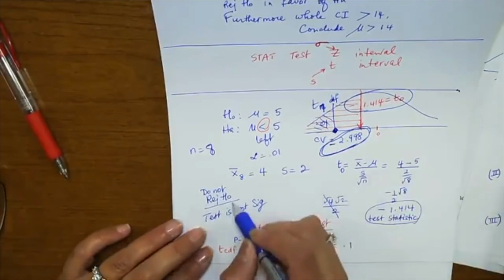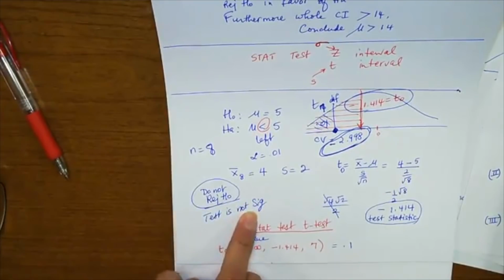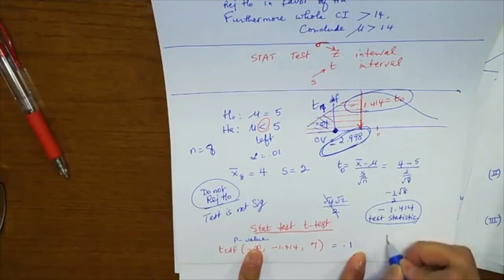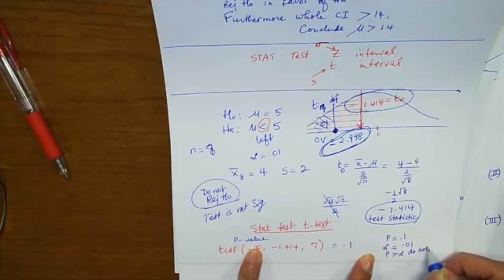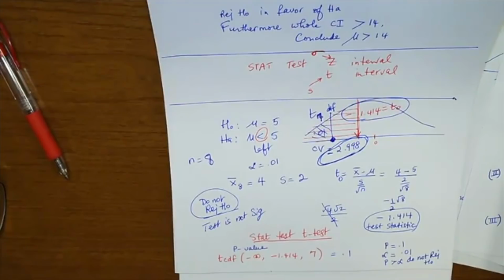So my conclusion is do not reject H naught. The test is not significant. Or I could have compared the p-value to alpha. So p equals 0.1 and alpha equals 0.01. So p greater than alpha, do not reject H naught. Get it? They should give you the same conclusion always, which is the same as saying fail to reject H naught.